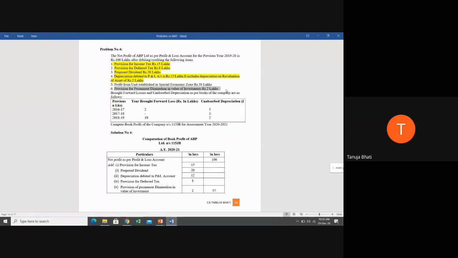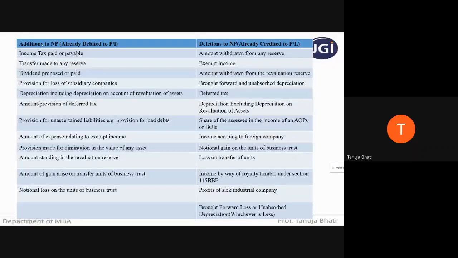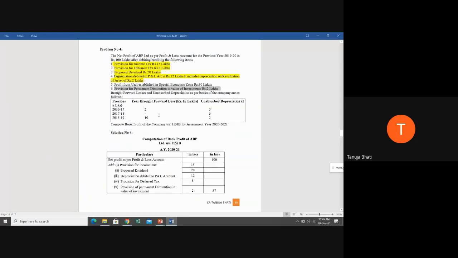When there is a fall in the value of an asset and a provision is made for that, that has to be added to the net profit. See, students, additions to net profit, last fourth item: provision made for diminution in the value of any asset. Investment is an asset, so that amount has to be added back to the net profit.